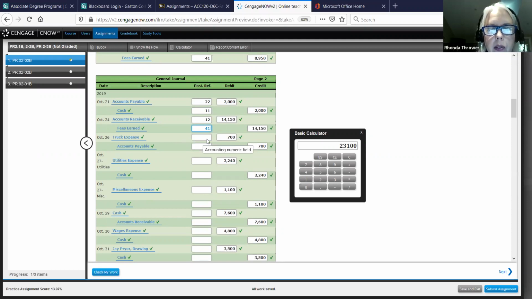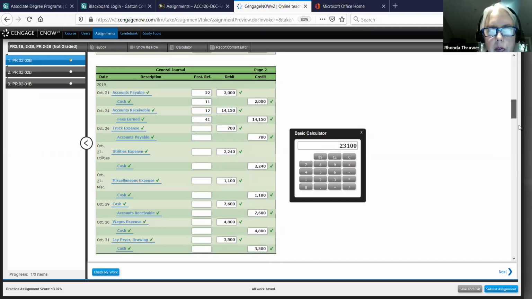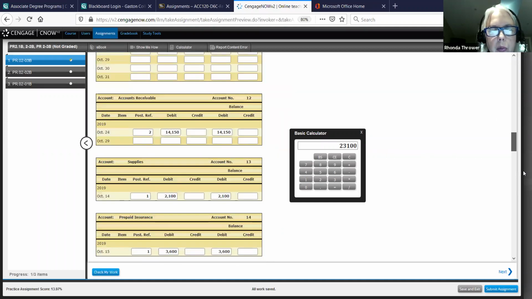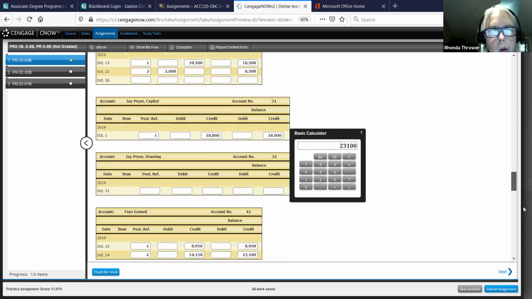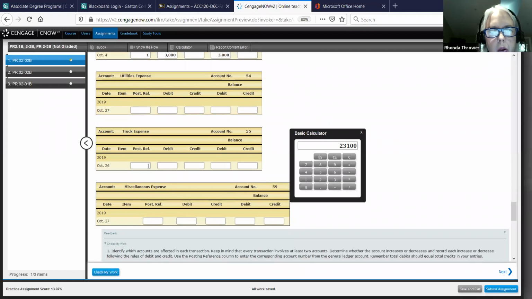Truck expense is debited for $700. So I'm going to go to my truck expense. Post reference is page 2 in the journal.